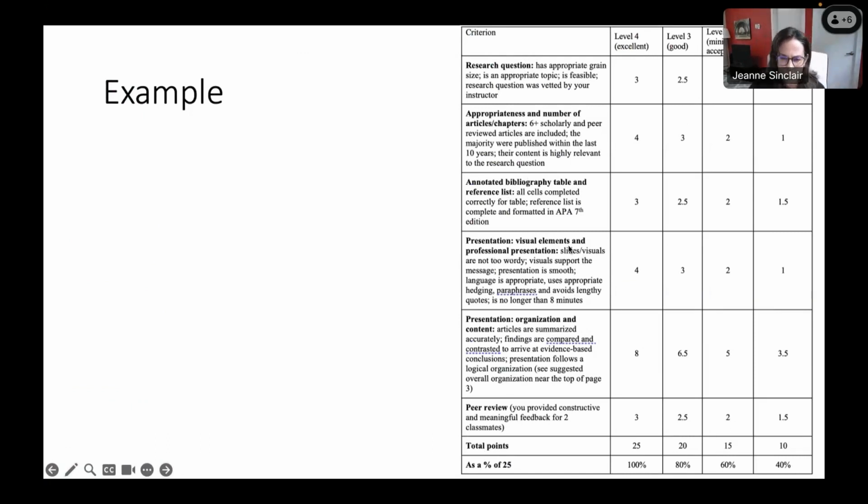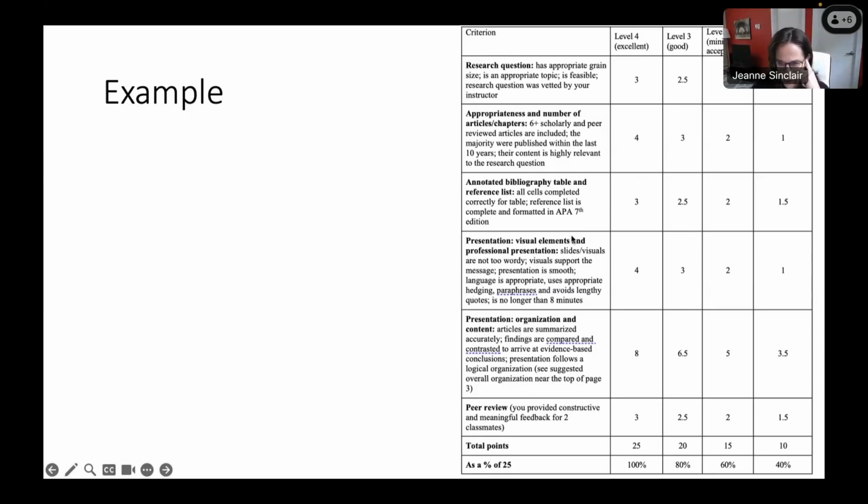And then the visual elements and professional presentation is the surface level, like grammar is the surface level of our essays. Did it look and sound right? And in no longer than 8 minutes. I am all about the shorter assignments. I think students do better work when they are limited in how long their response can be. And then the largest number of points here was in the presentation, organization, and content.